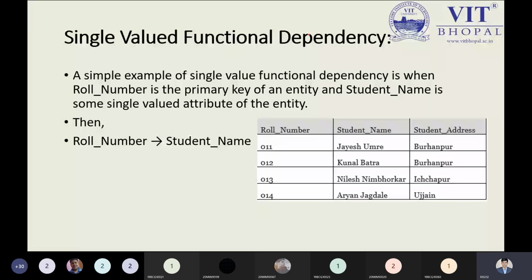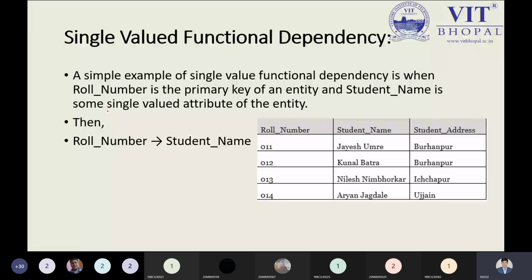The primary key we have is the roll number, and we have student name and student address. So student name or roll number we are choosing here. Student name depends on the roll number. This comes under the single valued attribute.